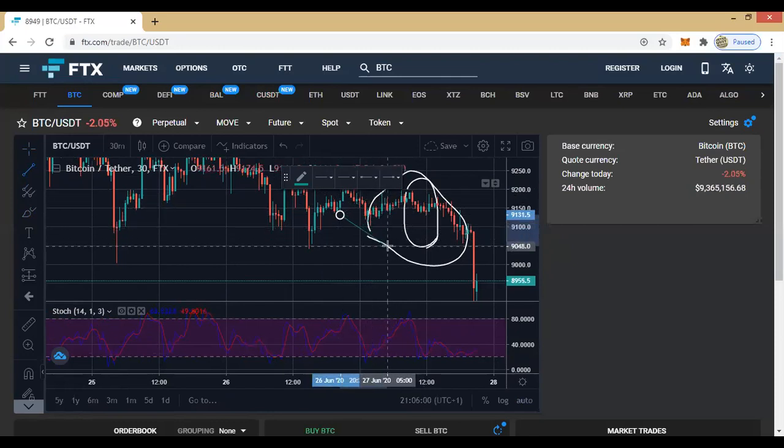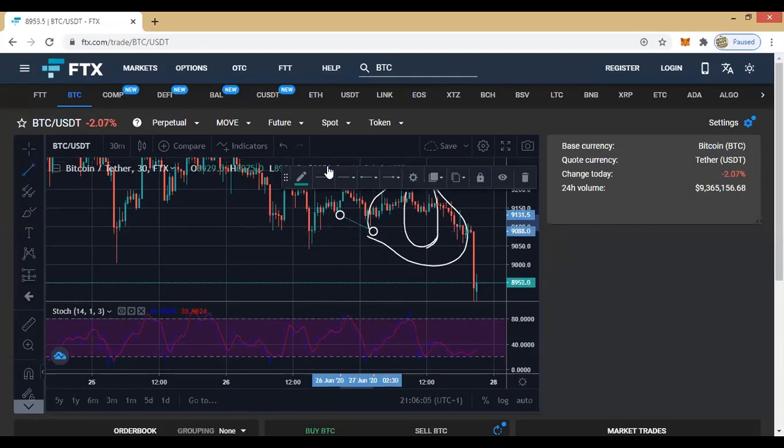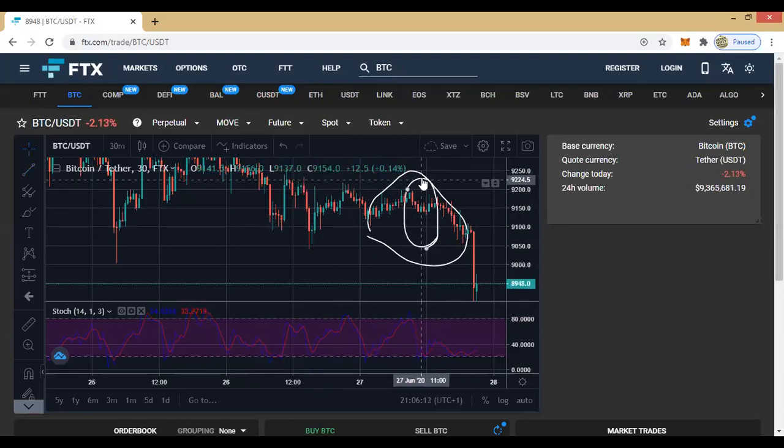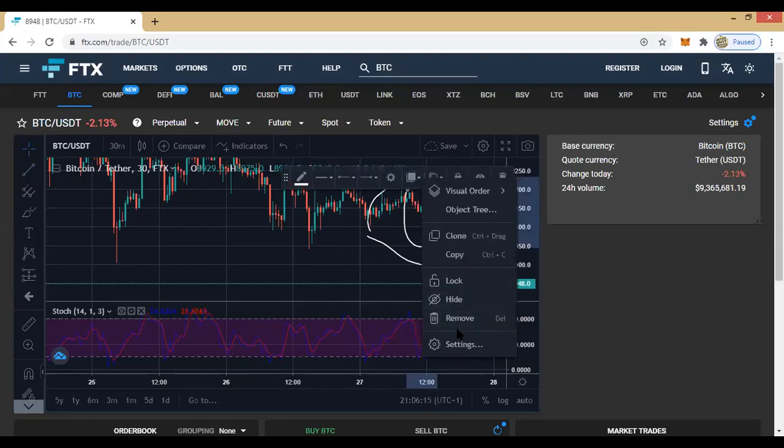So this is the general market structure. The structure is that it is going down. That's what I meant by saying that you should pay attention to the momentum.